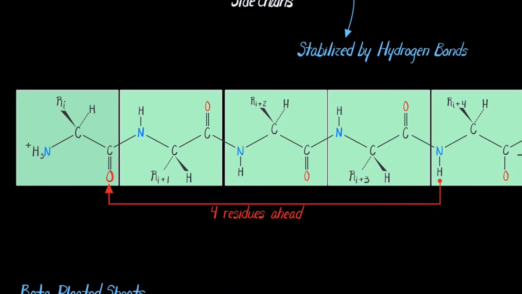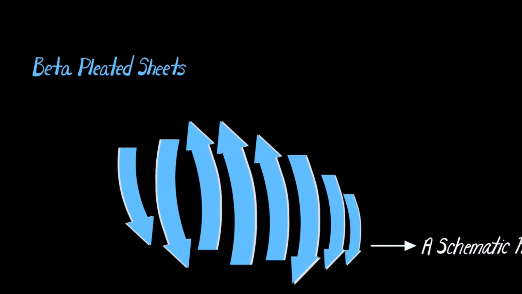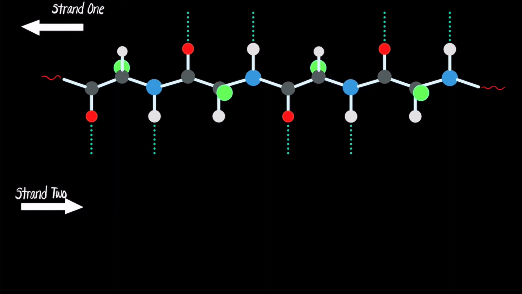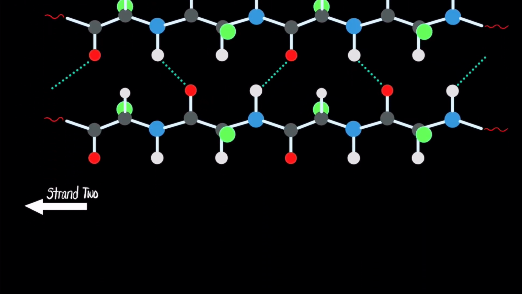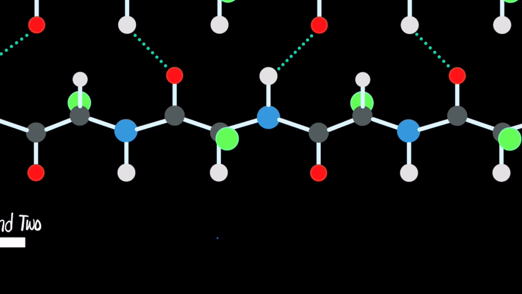The hydrogen bonds that stabilize these alpha helices are 4 residues apart, and the corkscrew nature of the helix is about 3.6 residues per turn. And here's a simple schematic representation of the beta pleated sheets. Beta pleated sheets can either be anti-parallel, as exhibited here, or they can be parallel, as exhibited here.